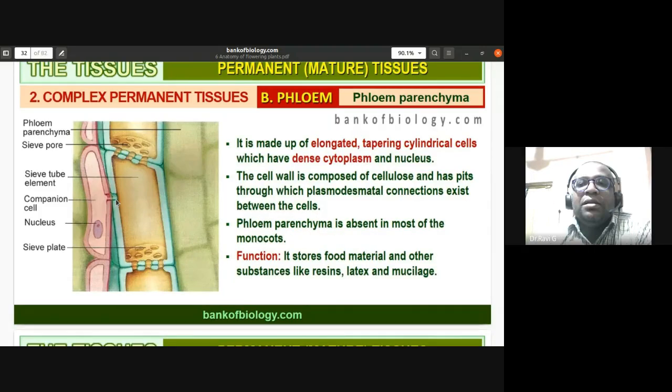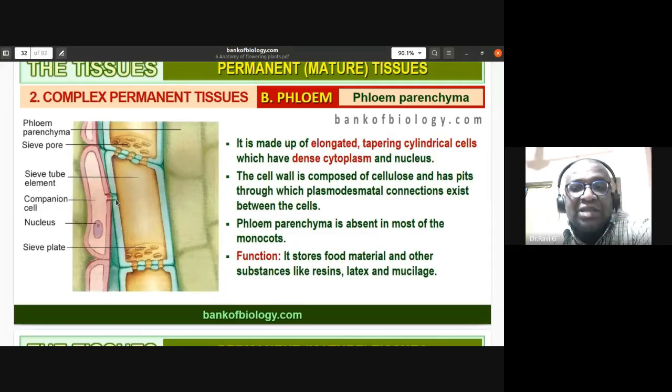The phloem parenchyma, the parenchyma associated with phloem, we call it as phloem parenchyma. They are thin walled cells and the primary layer of cell wall is made up of cellulose. So all those features are same. So the phloem parenchyma is made up of elongated, tapering, cylindrical cells. They have dense cytoplasm and nucleus.